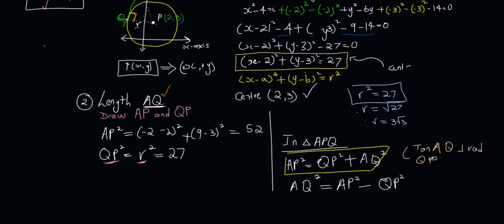And then from here, you can just say AQ squared equals, now your AP squared is going to be 52, minus that QP squared, which we got, which is 27.